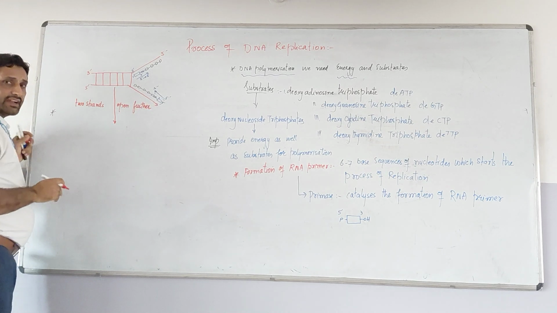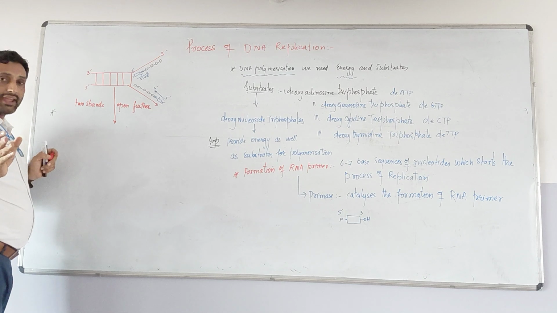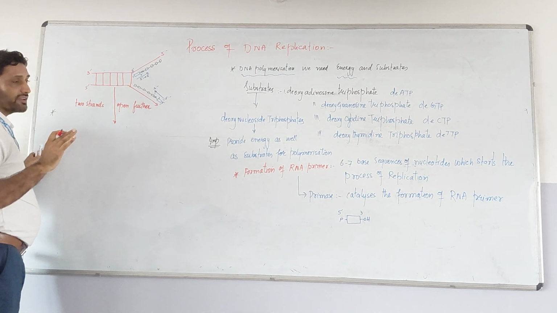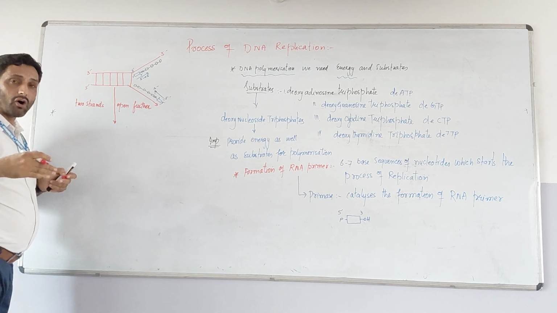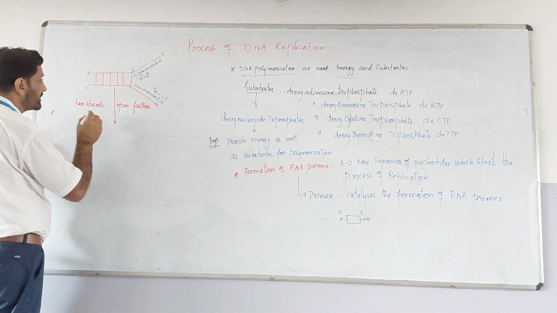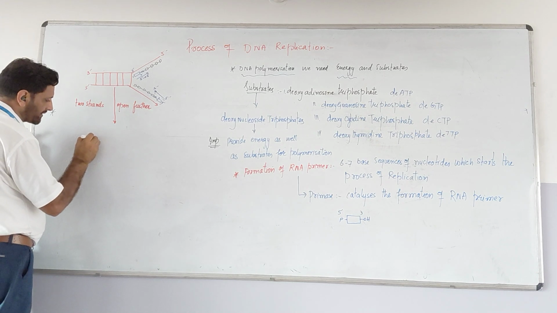As we know, DNA replication is bidirectional, and in this replication the whole DNA molecule gets replicated. So here the strands are open further, and it will be like that.